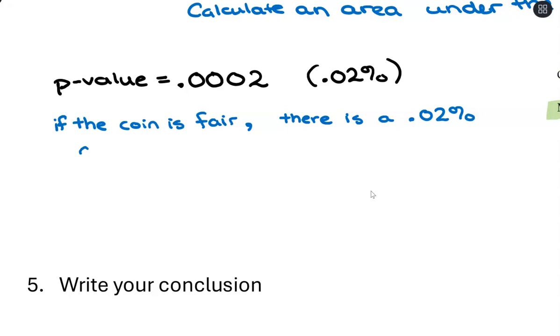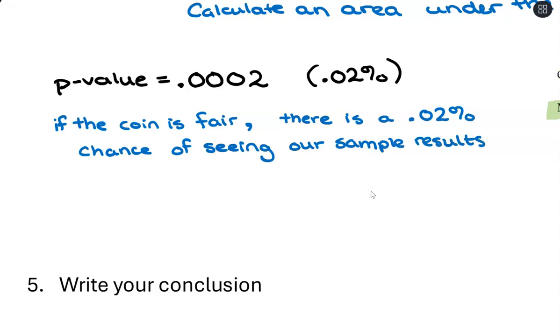a 0.02% chance of seeing our sample results, or more extreme. But in short, it's just saying if our assumption is true, if that null hypothesis is correct, we witnessed something that had a 0.02% chance of occurring.